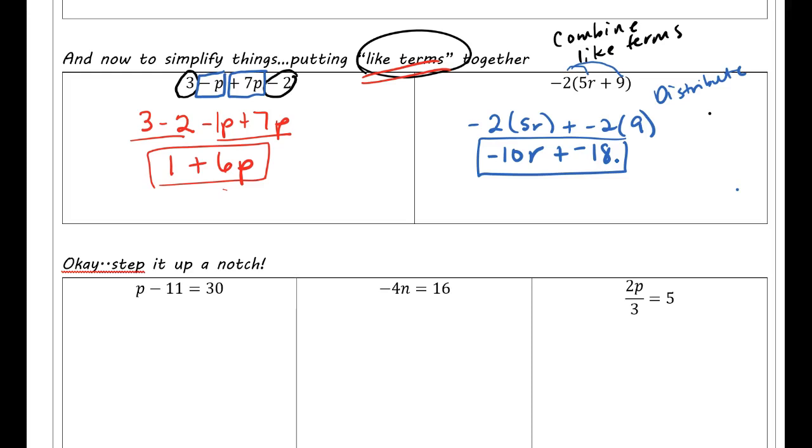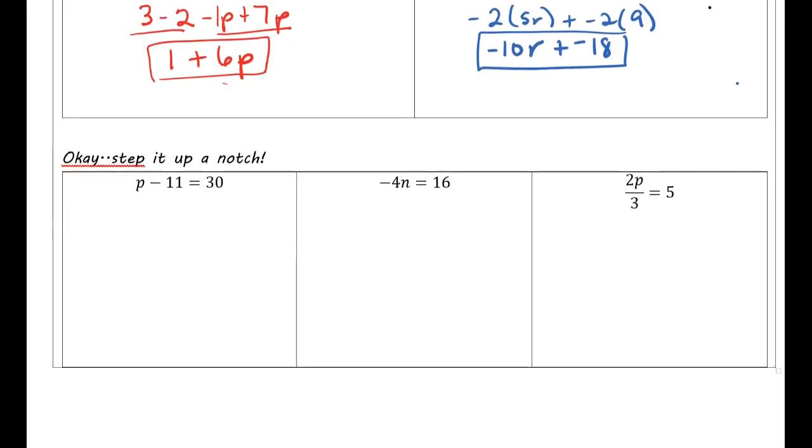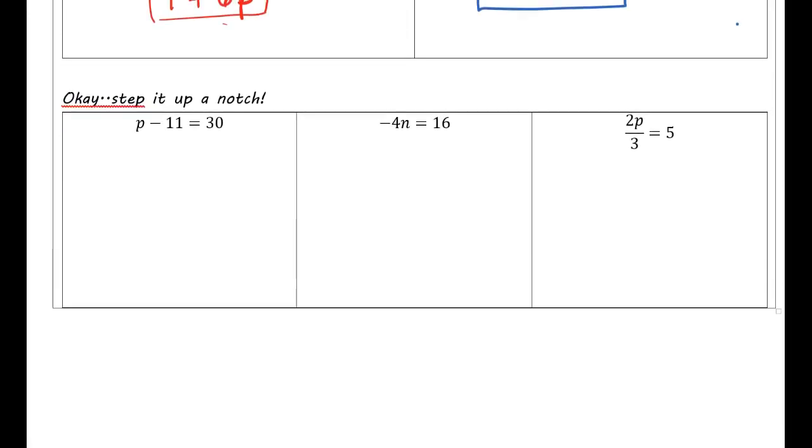So this is the section where now that we've talked about how to multiply things or how to group things and put them together, now we're going to start trying to solve, okay? So we're going to do this two ways. Each problem we're just going to think about in our head, but then we're also going to show the algebra way that you're supposed to do it, okay?